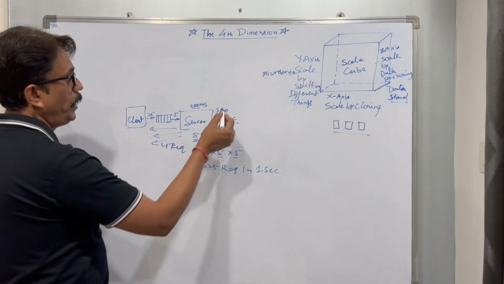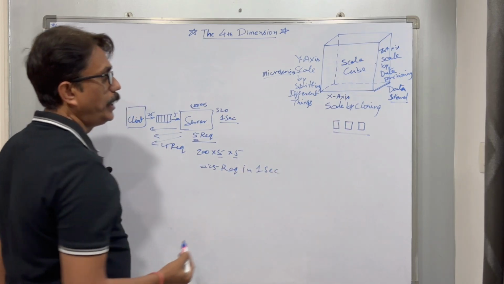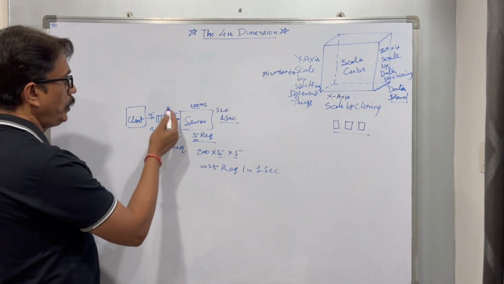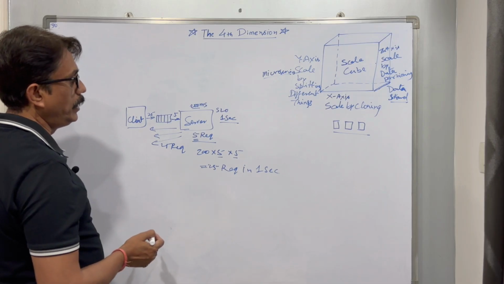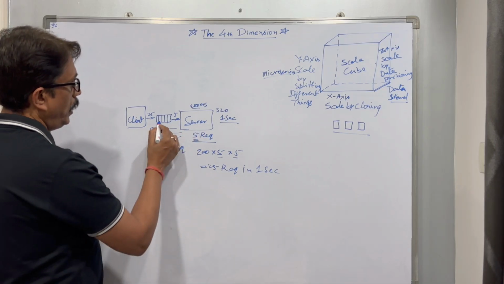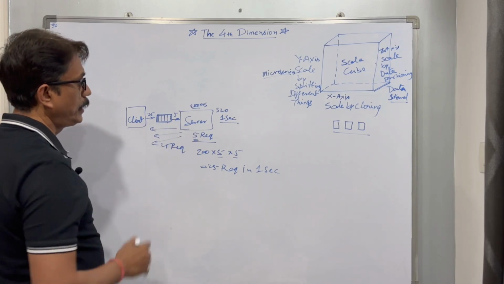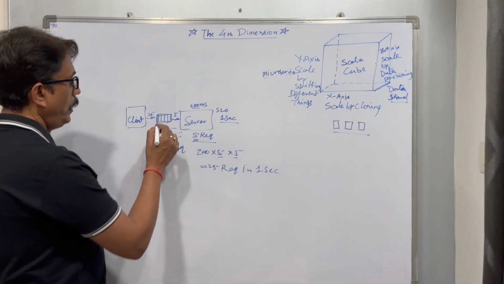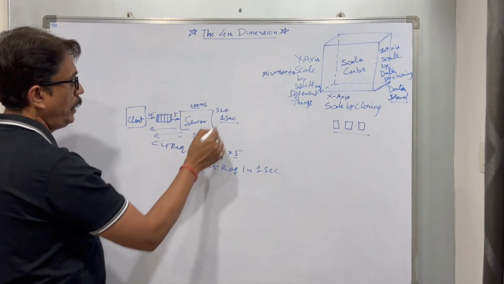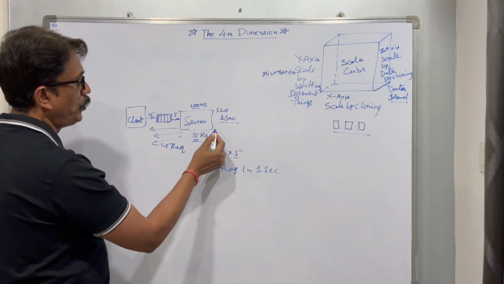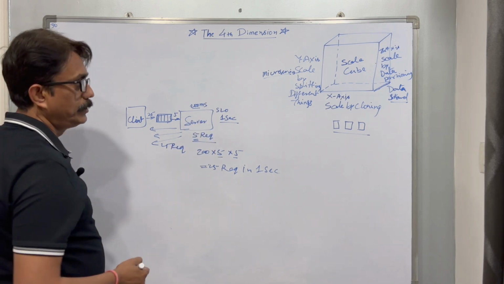So now, in place of adding more servers or following scale by cloning, we are able to increase the scalability of our system by having better communication between client and server. So here we have improved the communication, and as a result we improved the scalability of our system.